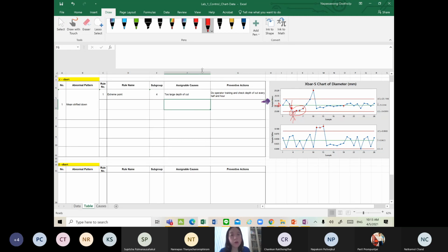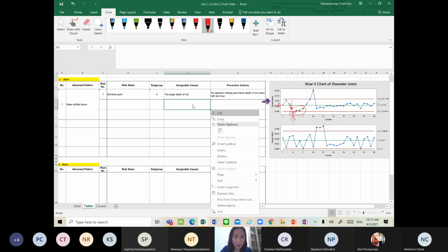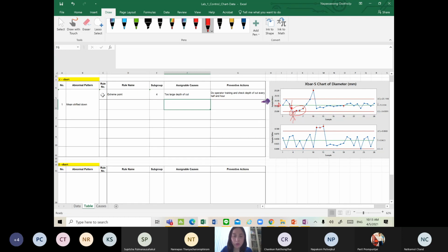Okay, do you get what I intend you to do? So you have to write down the complete things like this. And you see that this pattern shifts down. I give you the clue that there are still 2 more rules that help you, together with rule number 1, to conclude that the mean shifted down.